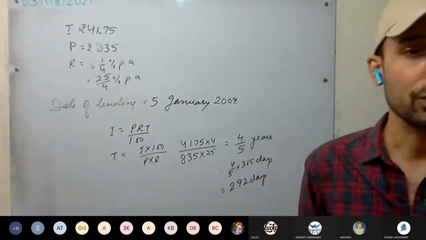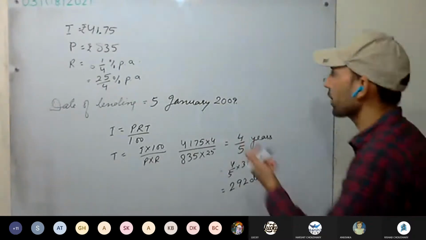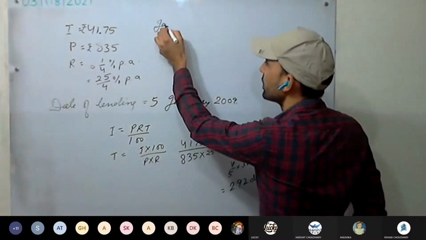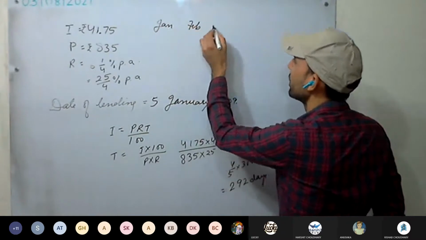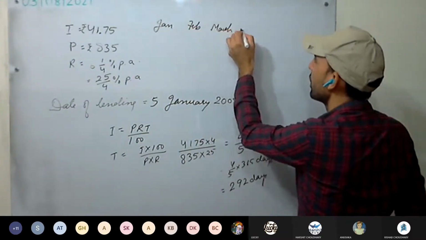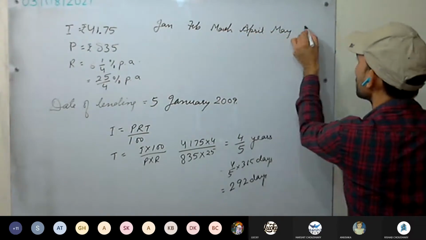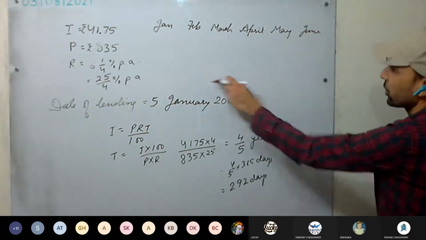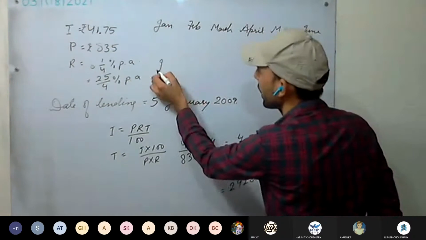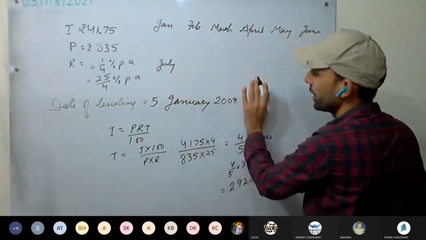Now we have to calculate the date up to which it has been lent. Months we have January, February, March, April, May, June, July. Further, we do not know, maybe there or not.